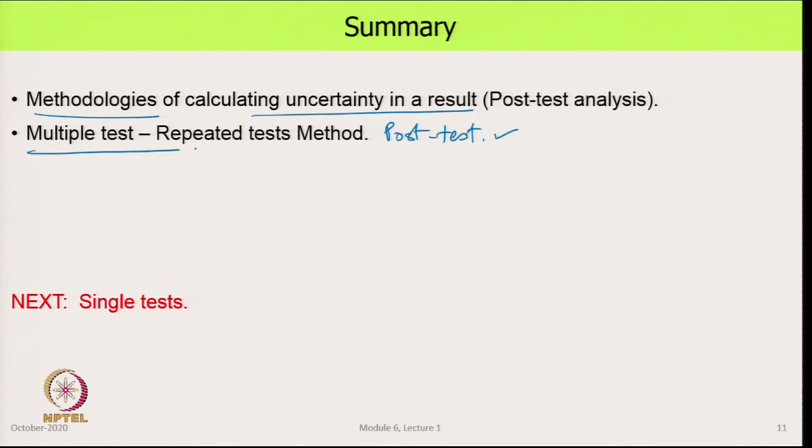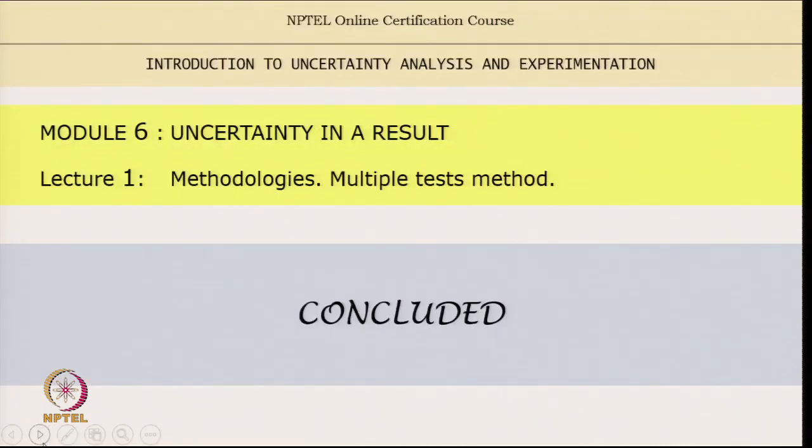That was the multiple test, repeated test method, where we do the experiment again and again, get a value of the result from each experiment, and finally do the calculations. In the next lecture, we will look at the single test methods. So, on that note, we conclude this first part of the lecture on uncertainty in the result.